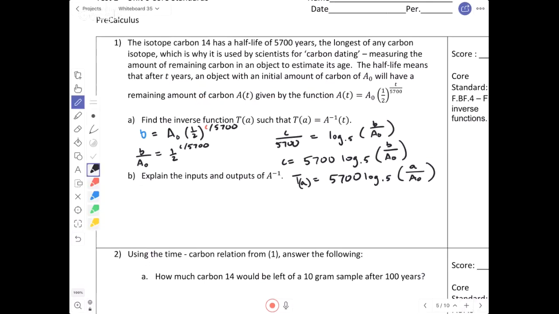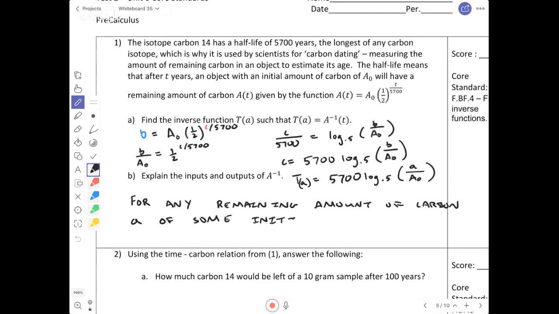So for any remaining amount of carbon A of some initial amount A naught, T of A is the time passed. Cool.